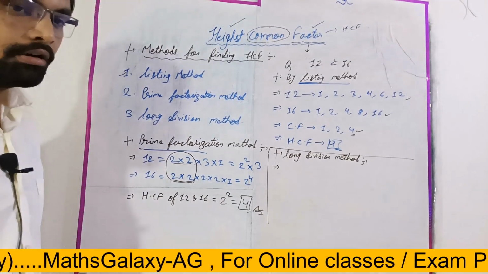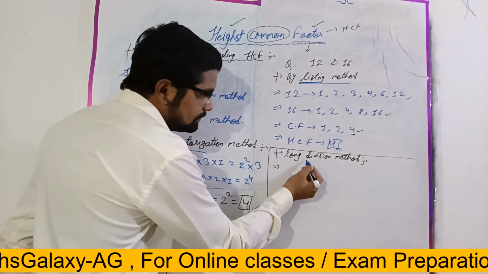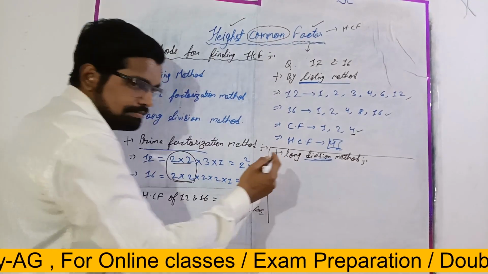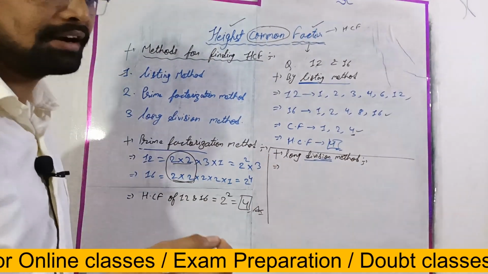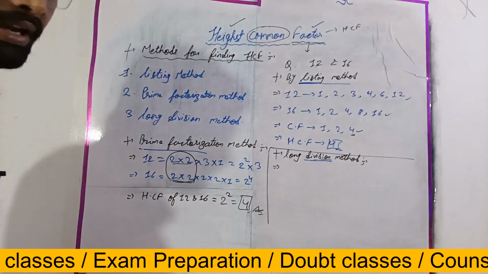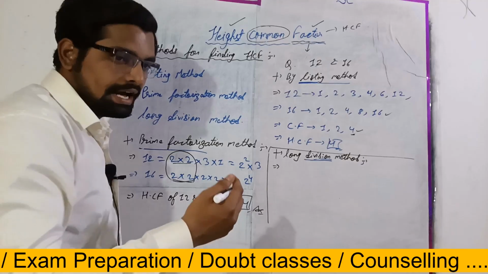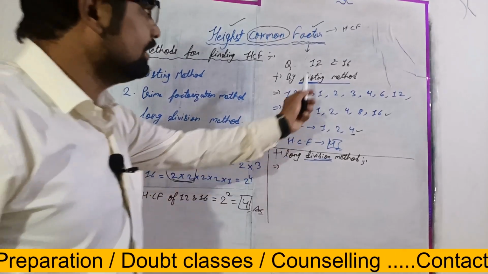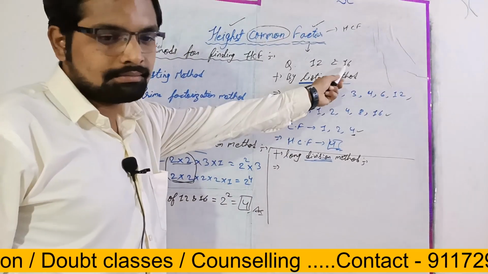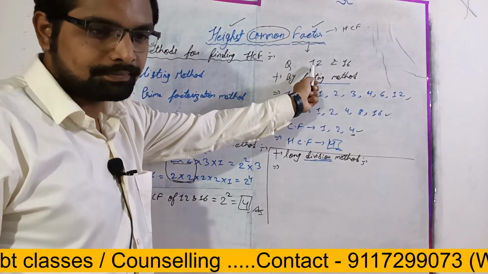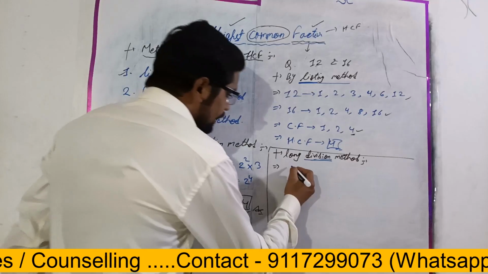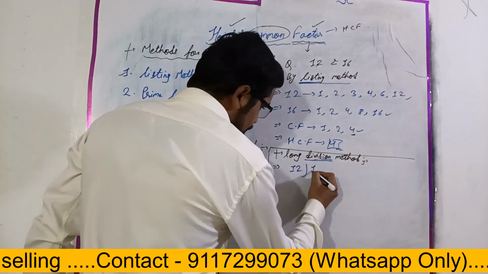The steps are already hidden here. Division means we have to divide. We divide the greatest number by the smallest number, so here we will divide 16 by 12.